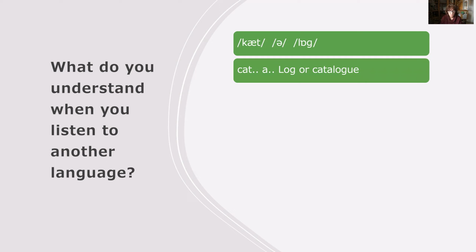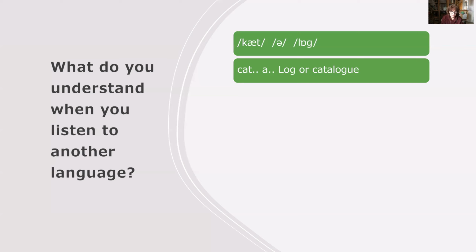Or maybe, depending on the context, it may be clear that I'm referring to a catalogue. When you listen, you have other cues as well, not just the sounds, but I may be holding up a catalogue and you may be able to see it, so you know that's what it is. However, it's not so simple to see where one word ends and another begins.